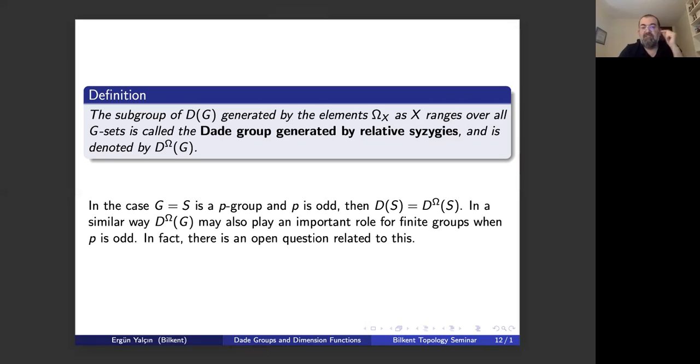That's the crucial reason why we are interested in D^Omega. For p equals 2, there are only some small differences, which you can capture with certain types of subquotients. So knowing what Omega is is an important part of computing D(S). And because it's very combinatorial, coming from G-sets, one attempts to first understand Omega.